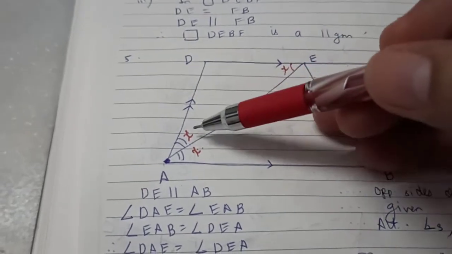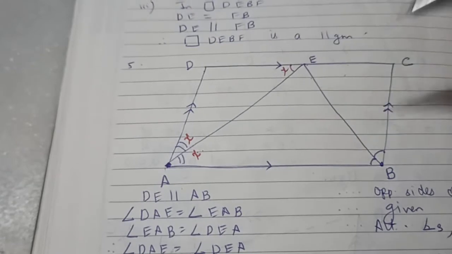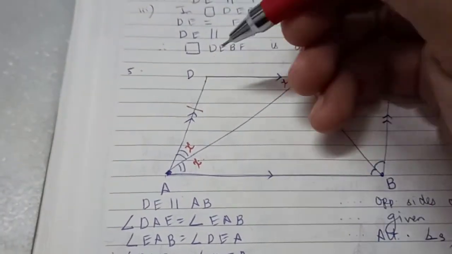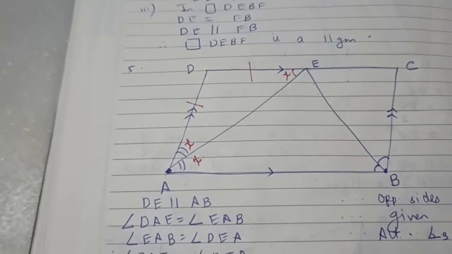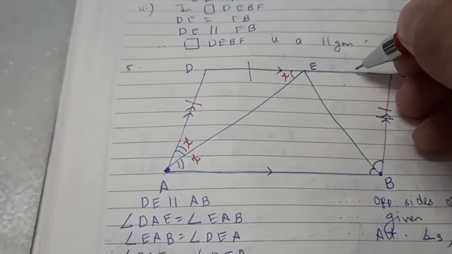This means that angle DAE is equal to angle DEA. That means DAE is an isosceles triangle. That means this side is equal to this side. Similarly, I can prove that this side is equal to this side.